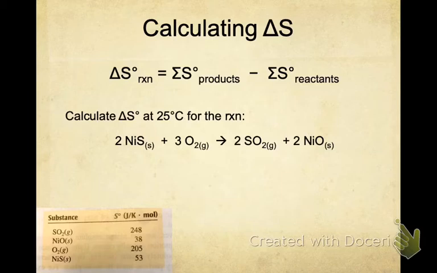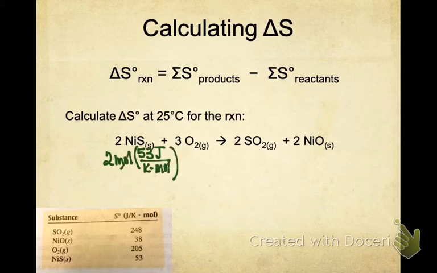So if you look at nickel(II) sulfide, we have 2 moles of that, so we're going to have 2 moles, and we're going to multiply that by 53 joules per K per mole.